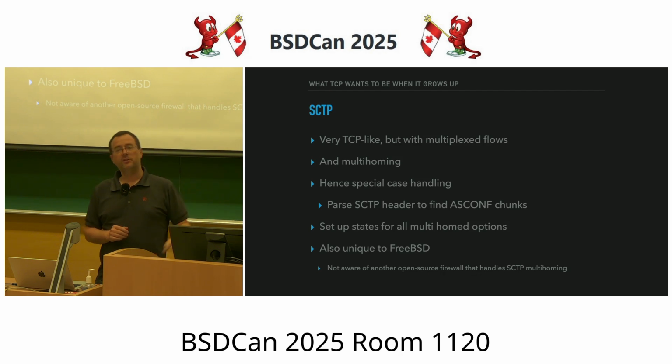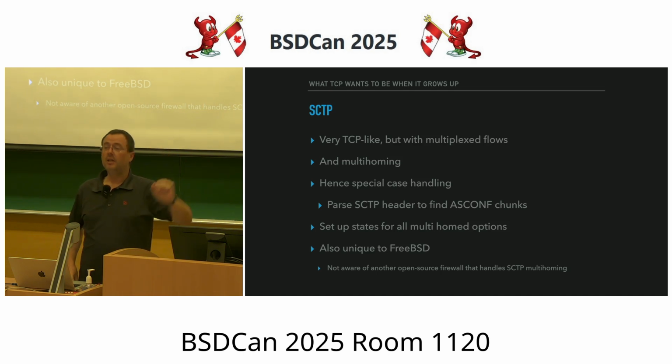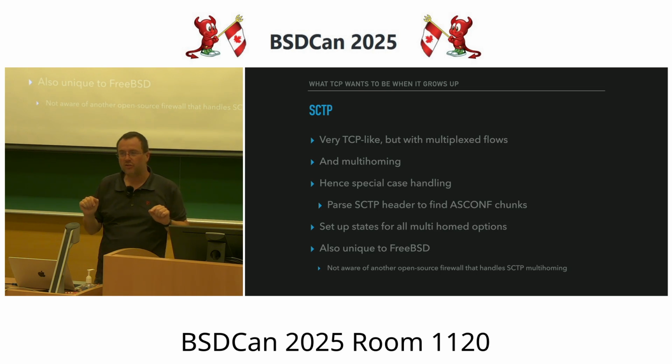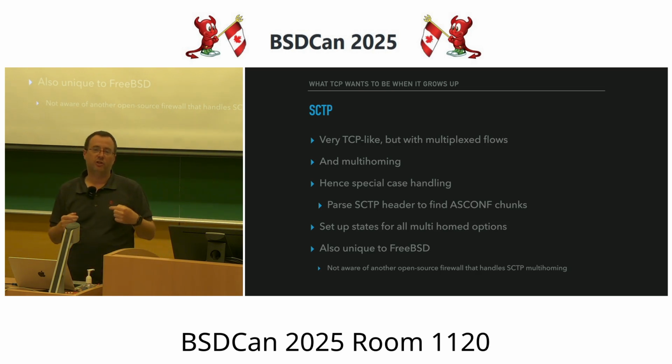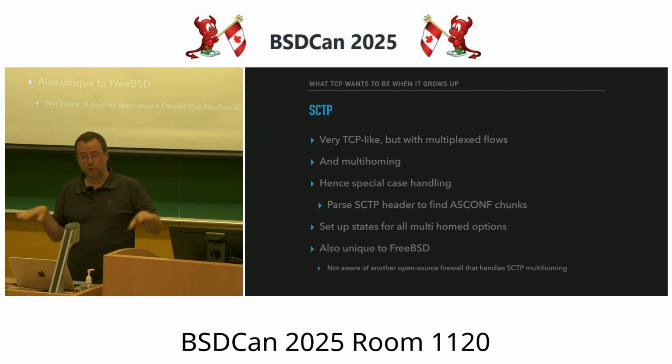So if you've connected from IP address A to B, and host A has said, I also have IP address C, and host B has said, I also have IP address D, we go and create states not just from A to B, but also C to B, C to E. Anyway, I'm losing track of my letters here, but we create all of the possible combinations of connections so that when those hosts decide to start speaking to each other using their other IP addresses, they will just pass through and all will be well.